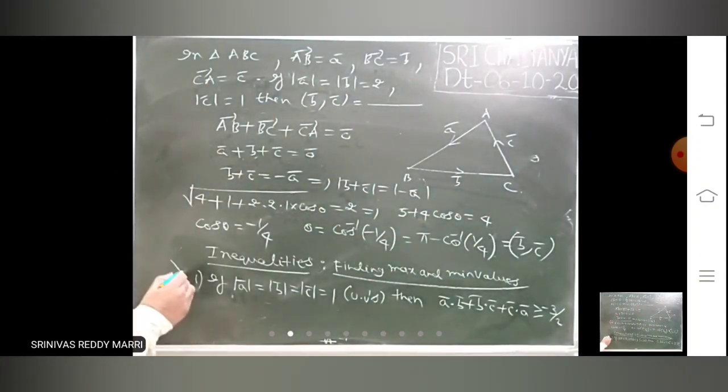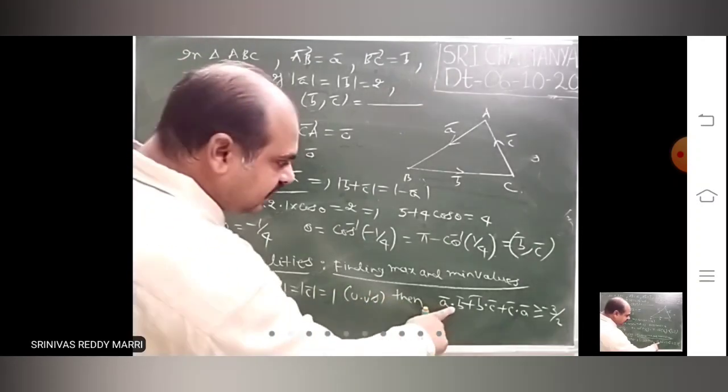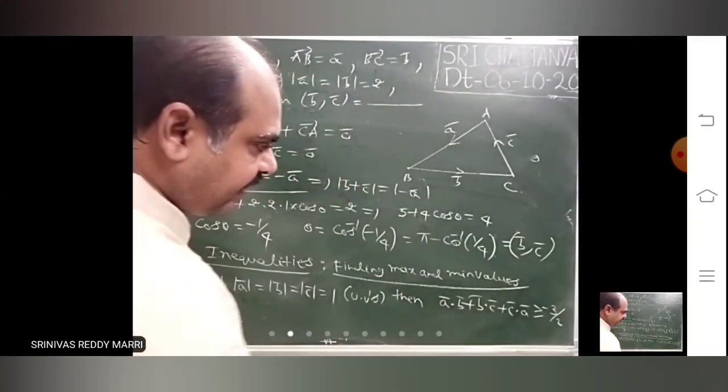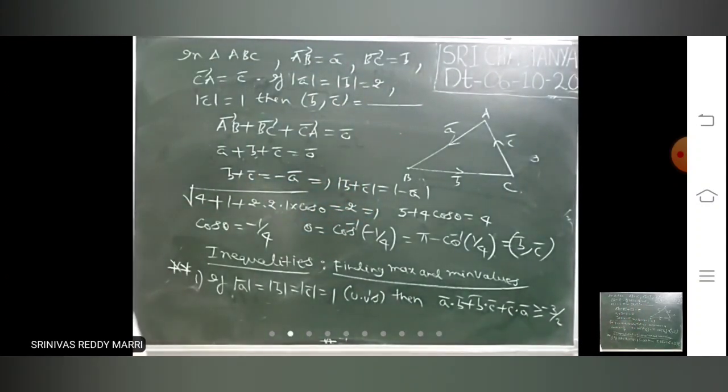So this is a very important inequality, only when they are unit vectors. When they are unit vectors, A dot B plus B dot C plus C dot A is greater than or equal to minus 3 by 2. That means the minimum value of this is minus 3 by 2.